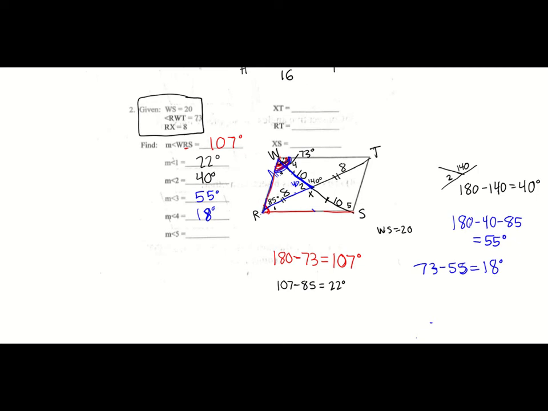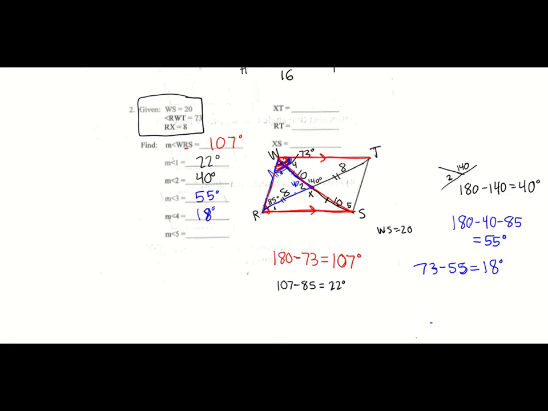Okay, and then to find angle 5, if you look at our lines here, we have WT and RS. We know those are parallel because they are a parallelogram. Then we have this line here, this diagonal, cutting through, connecting our parallel lines together. That line is a transversal.